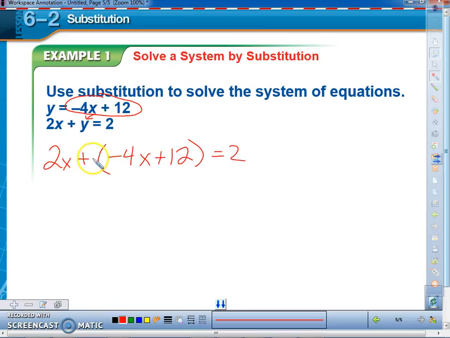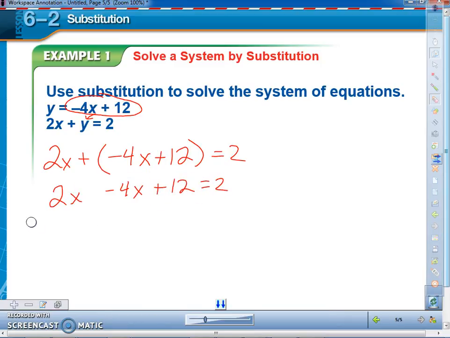Now the reason I say parentheses is wherever the y is, all of this is going to go into just that. So if there's a coefficient on y, we have to put it right here and distribute it out. Fortunately for us, there's nothing to distribute, so I'm just going to rewrite 2x plus negative 4x plus 12 equals 2. I'm going to erase that plus sign because it's going to drive me crazy.